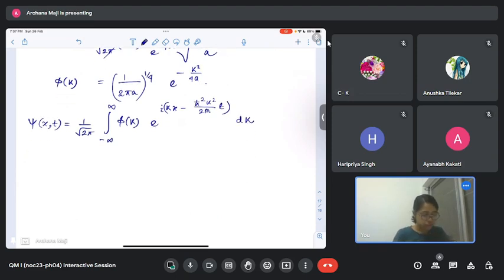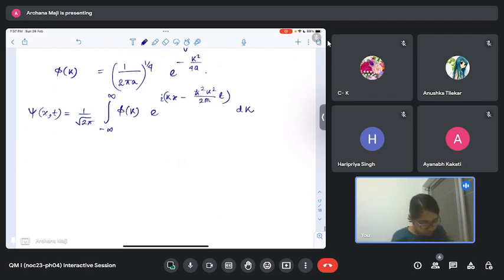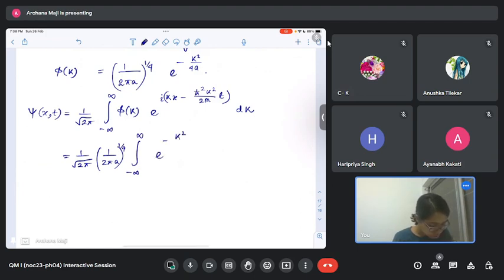Okay, now phi of k we now have with us, so we substitute it here, 1 over 2 pi a to the power 1/4 integration minus infinity to infinity exponential minus k square over 4a times this entire thing.